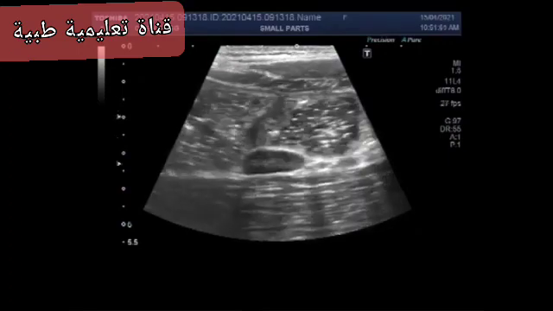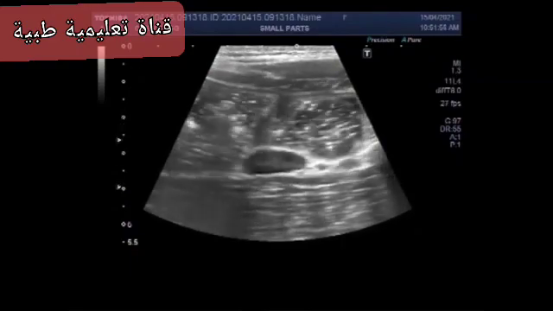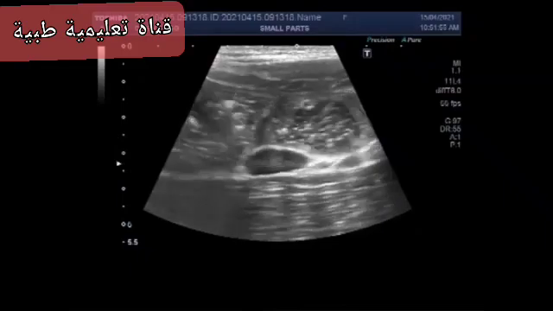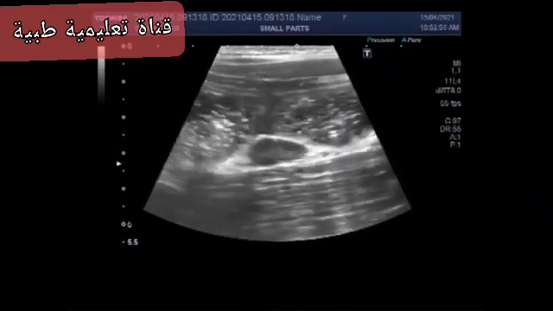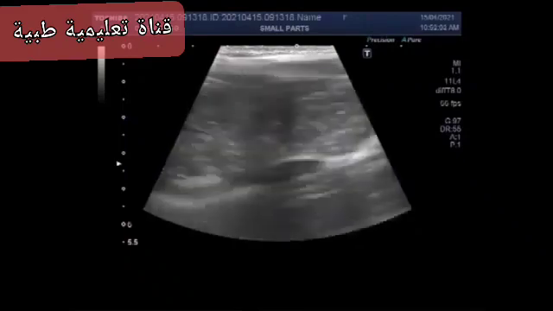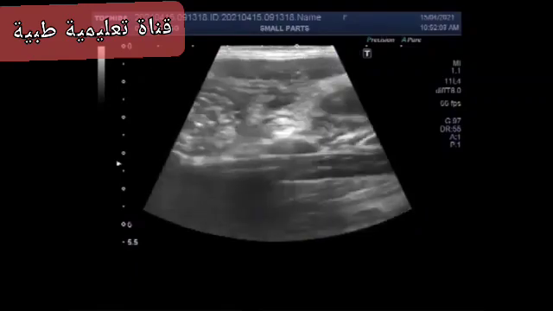There may be a reflective omentum around the appendix, a thickened bowel, and an enlarged lymph node, as you can see in this case. Asymmetrical wall thickening may indicate perforation of the appendix.